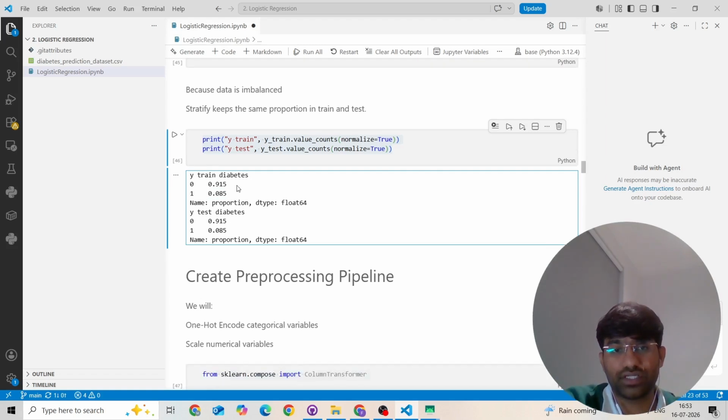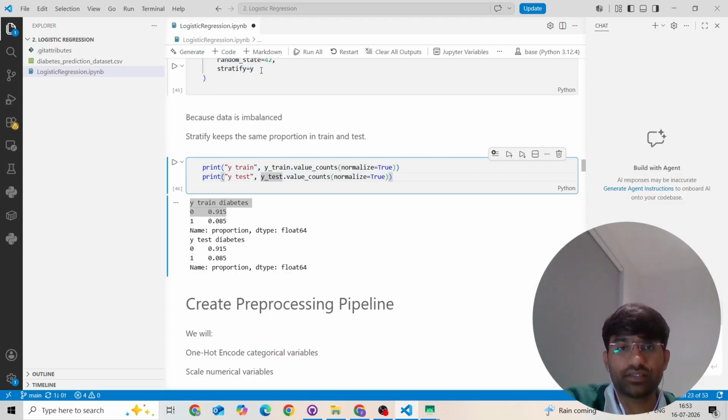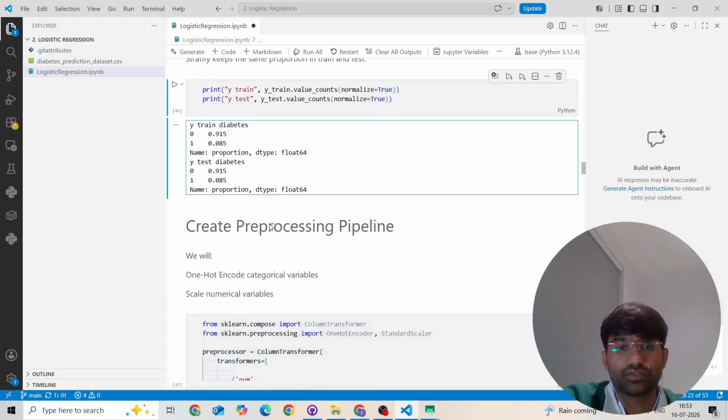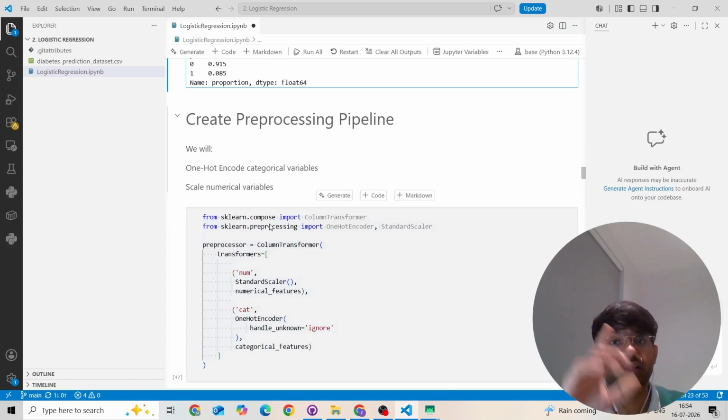The proportion of 0 to 1, non-diabetic to diabetic, is the same for both Y train and Y test, which is achieved by specifying stratify equal to Y. This is important.